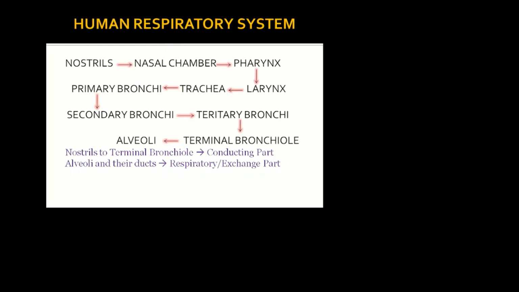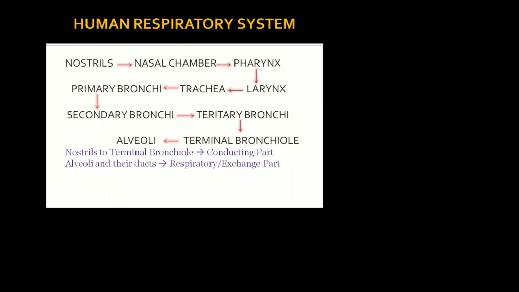So the path from nostrils to terminal bronchiole is the conducting part, and the alveoli and its ducts are the respiratory or exchange part. The conducting part functions to humidify the air, warm the air to body temperature, and it conducts air obviously.